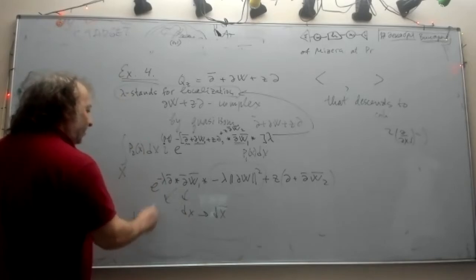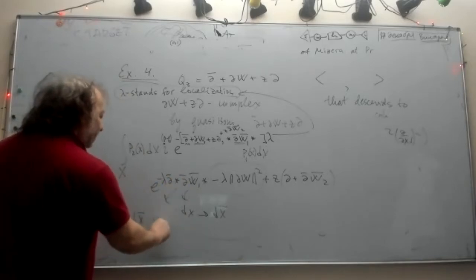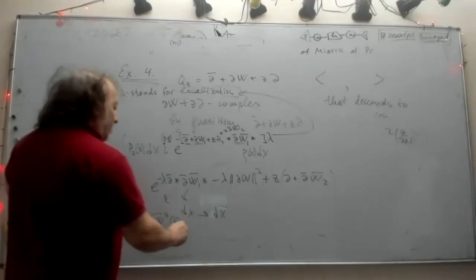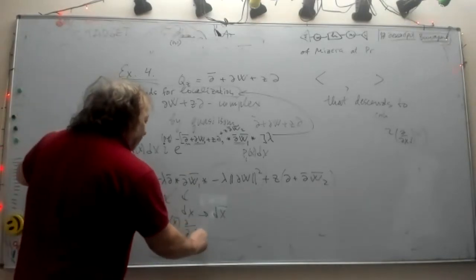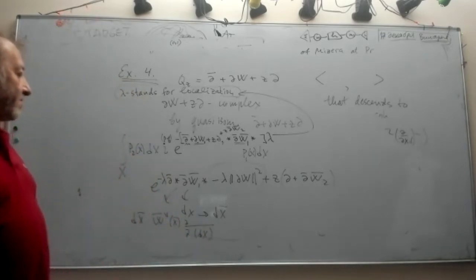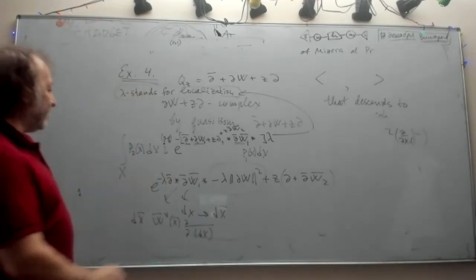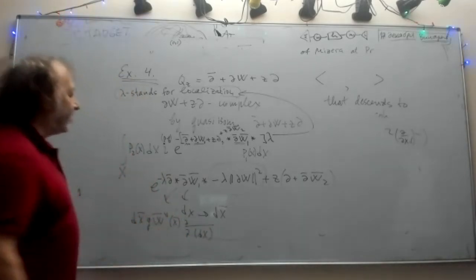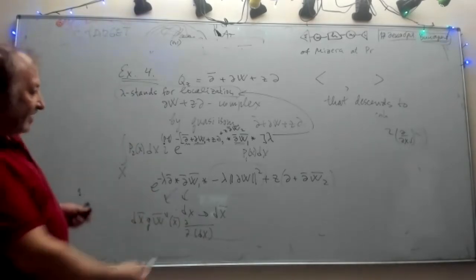Dx bar, second derivative of W bar, derivative over dx, okay? And here is the Kähler metric somewhere here. So it's exactly what I need.